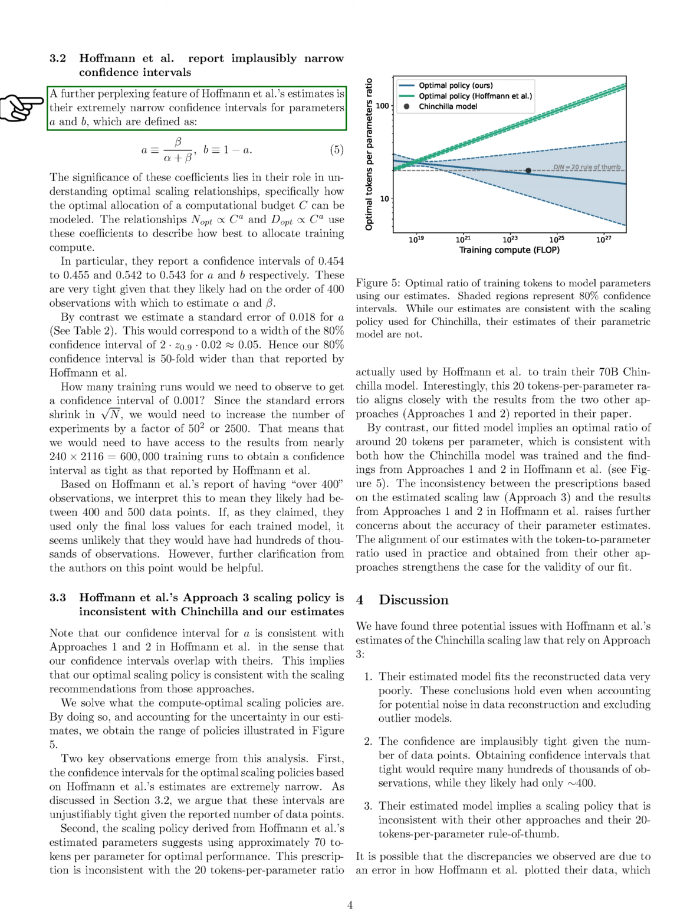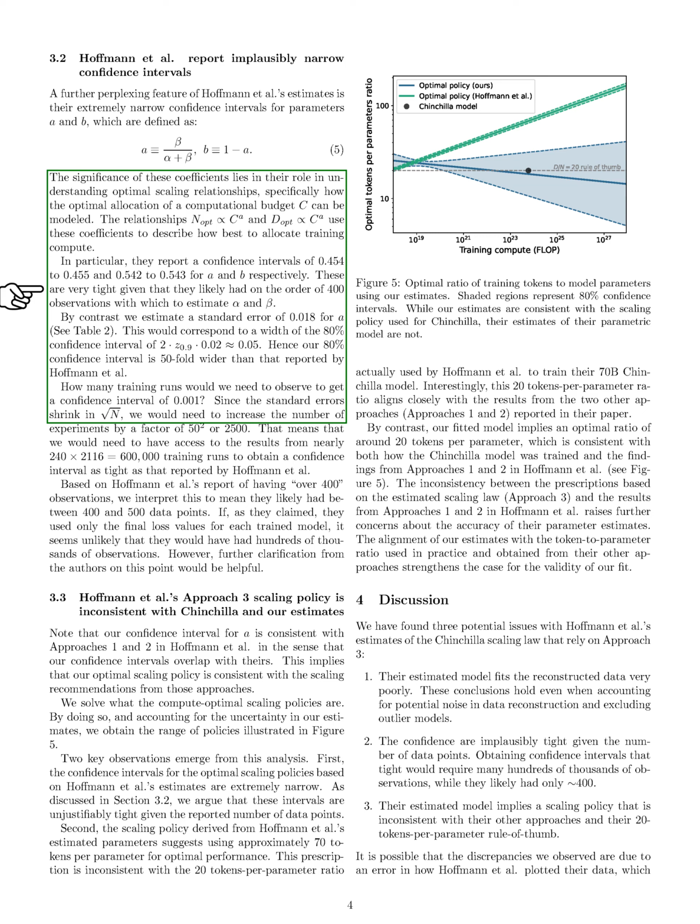The relationships N_opt ∝ C^a and D_opt ∝ C^b show the best way to allocate training compute. Hoffmann et al. reported confidence intervals of 0.454 to 0.455 for A and 0.542 to 0.543 for B, which are remarkably tight considering they had around 400 observations.